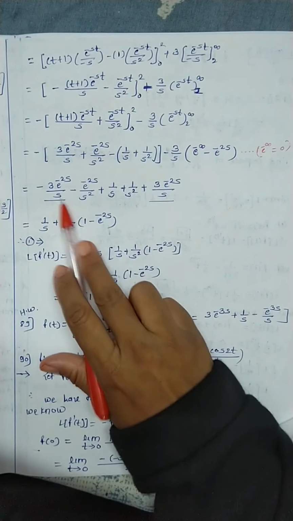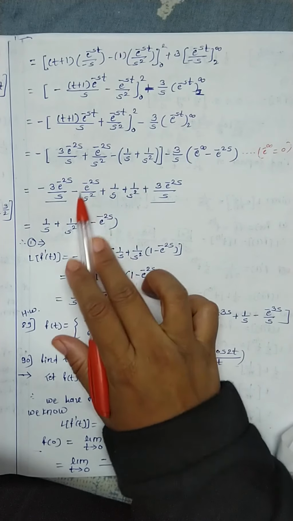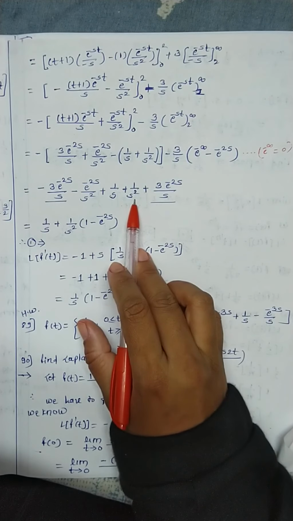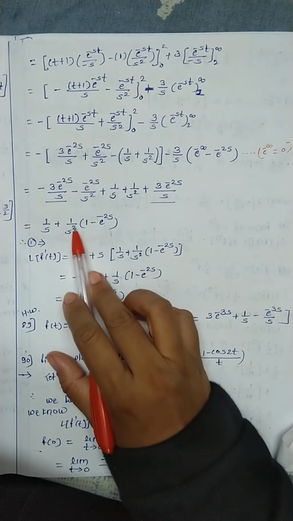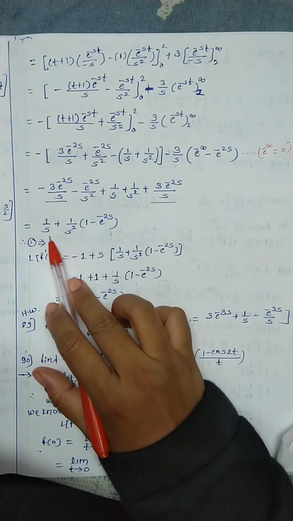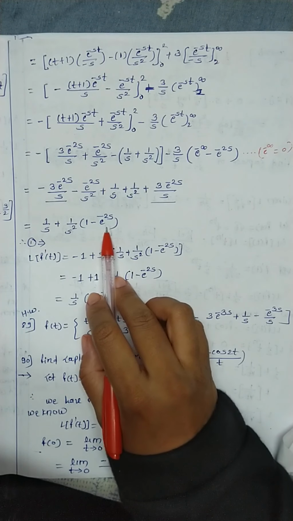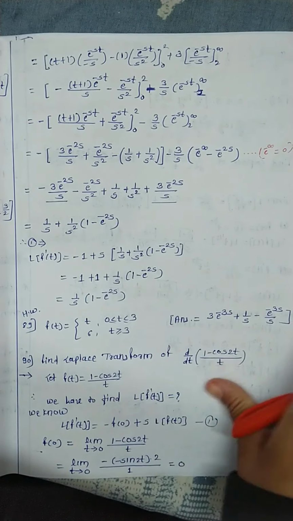Okay, now this term is same and opposite in sign, it gets cancelled, and with this term, in this term denominator is s square, take common these two terms, and 1 minus e raised to minus 2s over s square, plus 1 upon s as it is. Okay, this is the value of Laplace transform of f of t we have just calculated.